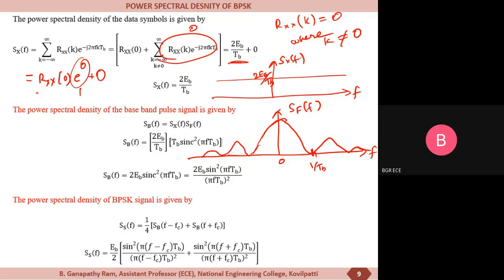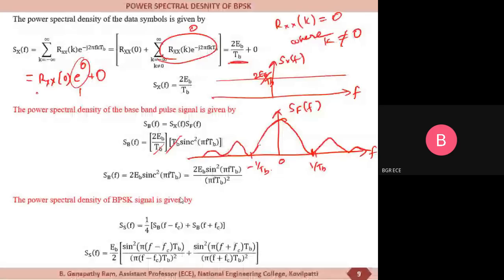And this is 1 divided by TB. So multiplication of these two spectrums will provide 2EB over TB multiplied by TB. TB will get cancelled. So we shall get 2EB sinc square of pi f TB. So SB of f can be represented as the same function which is scaled by 2EB.